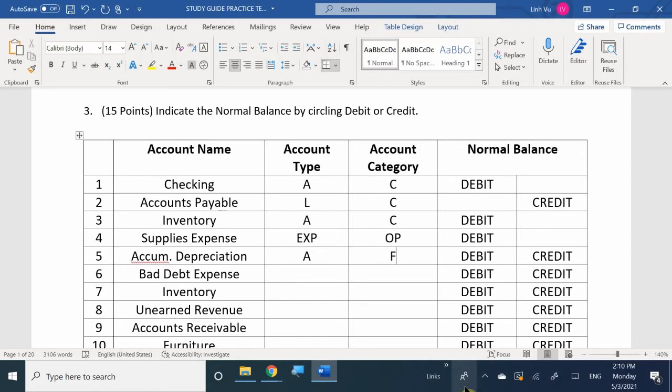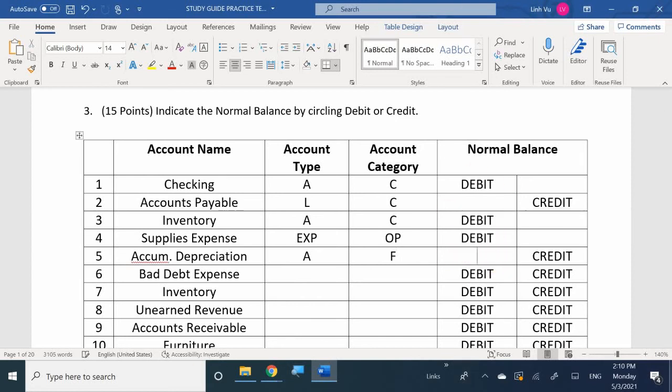Debit. Not a debit account. Okay, you don't ever increase accumulated depreciation. It's going to be credit, right? There's only two options, right? Debit or credit. If it's not debit, it's going to be credit.